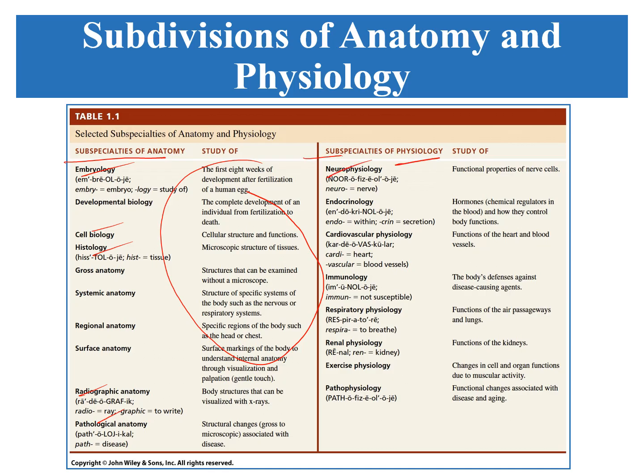For example, neurophysiology, where you study the functional properties of nerve cells, how they generate electrical signals, and how they transmit those signals. In endocrinology, you look at the hormones and how they control body functions. Then there is respiratory physiology, where you look at the functions of the air passageways and the lungs, how they perform gaseous exchange, how ventilation happens, and so on. Take time to look at this table and familiarize yourself with the different subspecialties of physiology as well as anatomy.